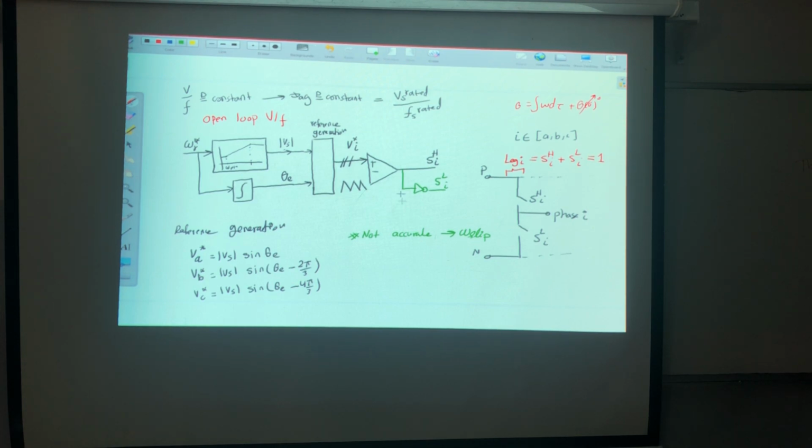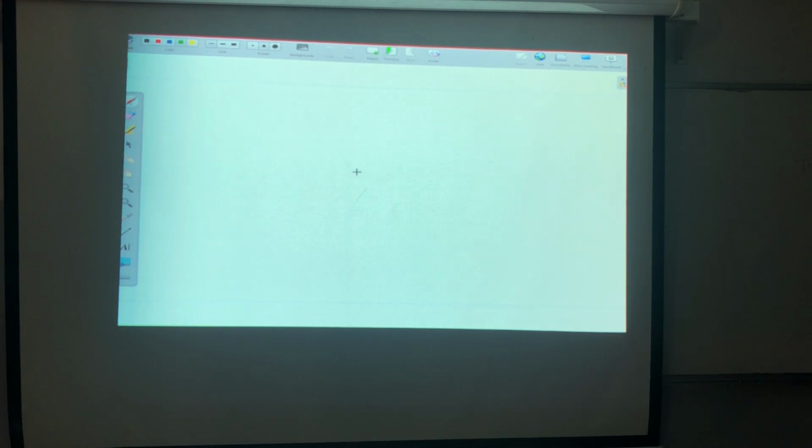So now, what about if we discuss the open loop V over F with slip compensation? I will try to compensate.